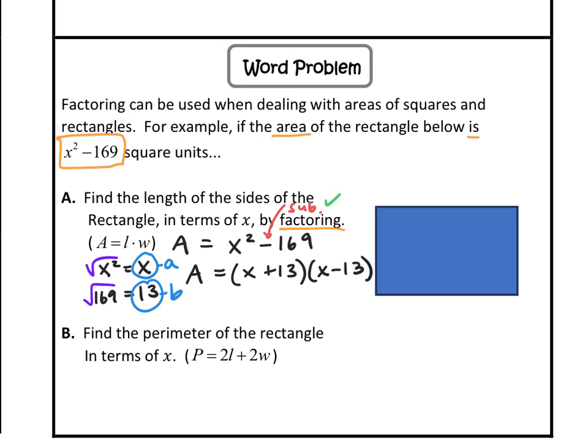Remember the pattern, right? For a difference of squares, it's a plus b times a minus b. So that's what I wrote right here.